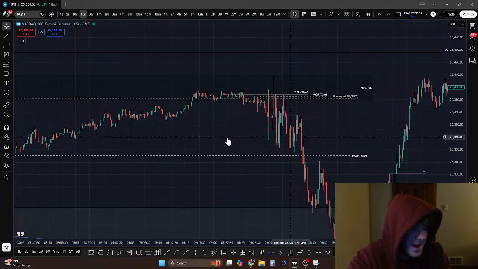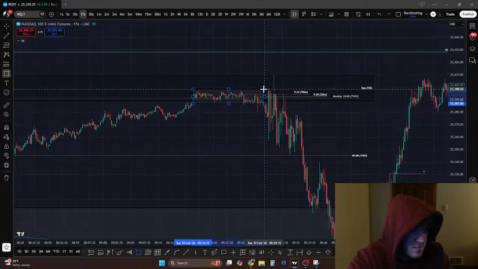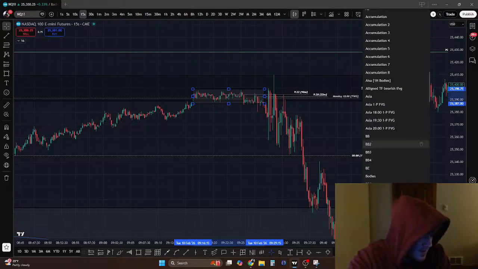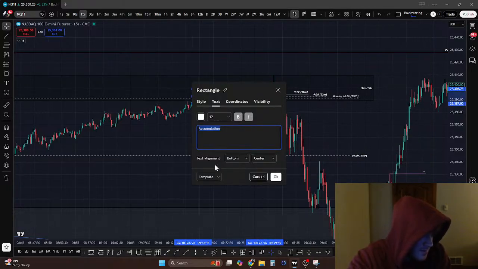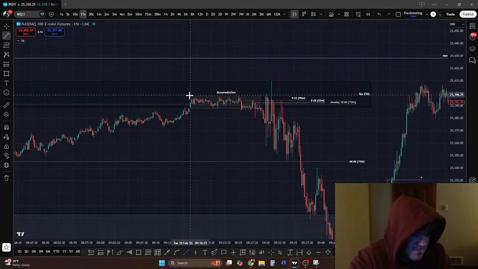So, 5-minute gap. Here's accumulation. Here's manipulation. And then it's essentially manipulation of equal highs.